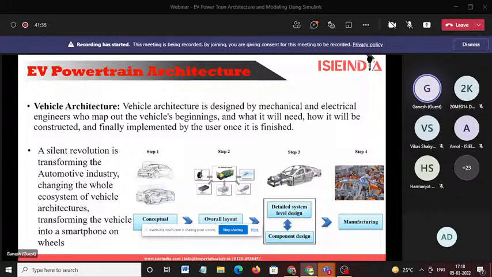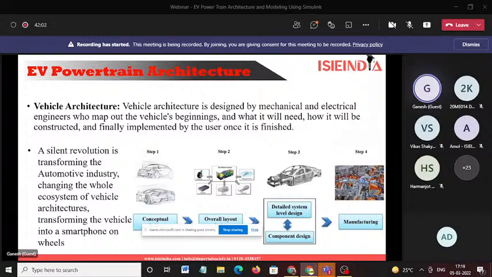They will develop a 1D simulation and come to know the requirements of the vehicle. Then they come up with a rough layout: how the vehicle should be, what overall final performance you are targeting, which kind of software and hardware you are using, and what the timelines are. These are all the things you do in the second step.